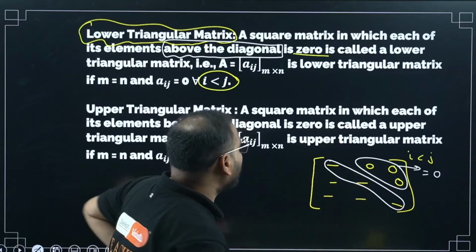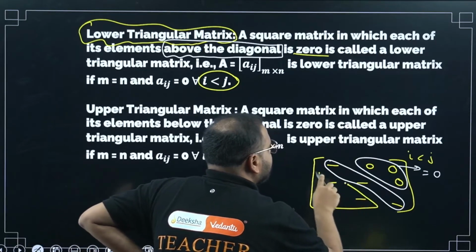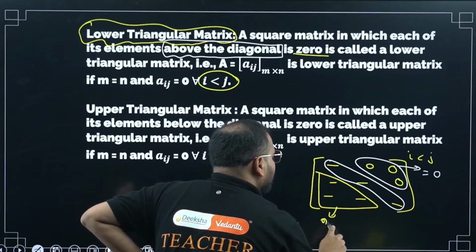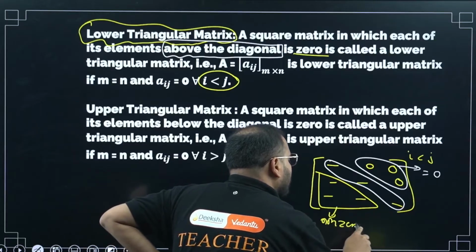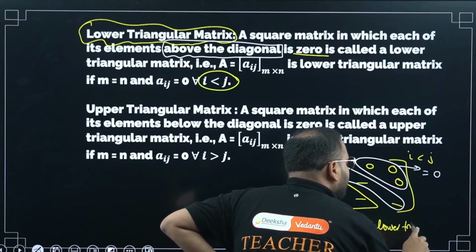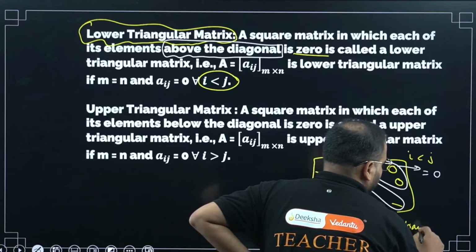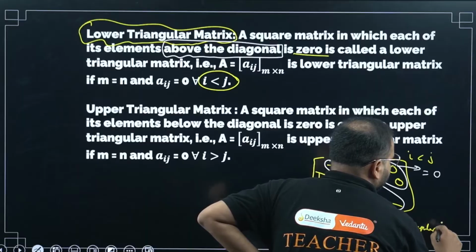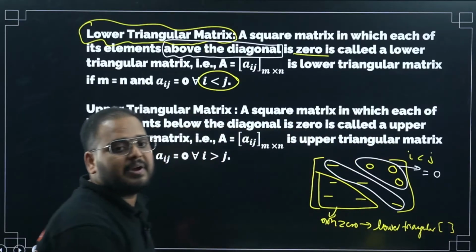Think about it: lower triangular means the triangle is formed here. Means this has to be a non-zero number. This has to be non-zero, sir. For what? For it to be a lower triangular matrix.